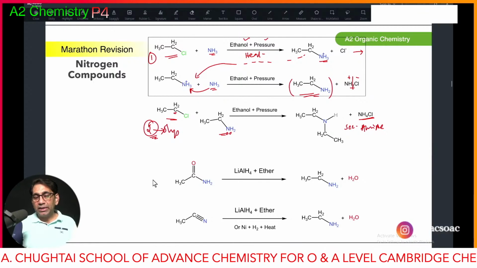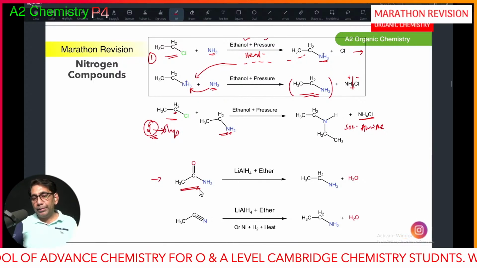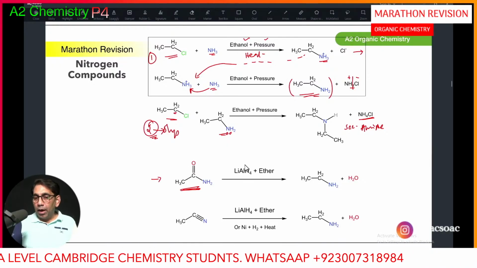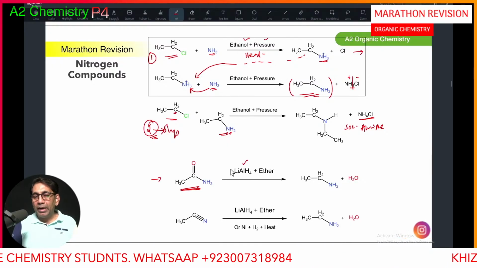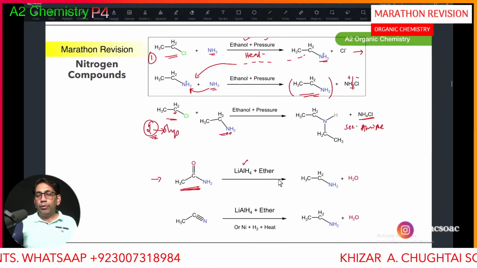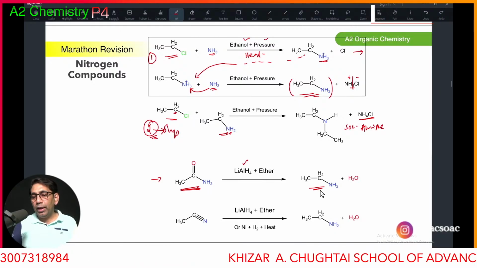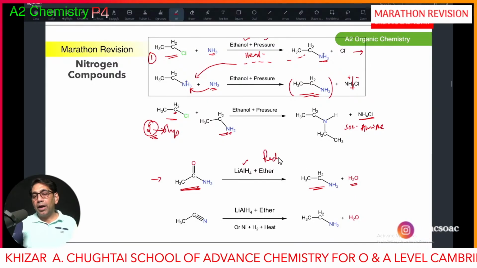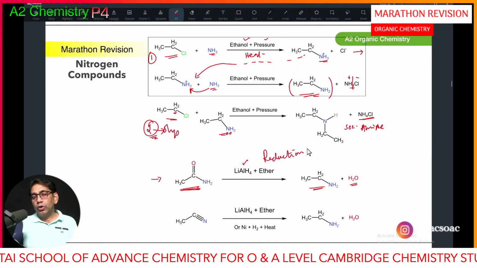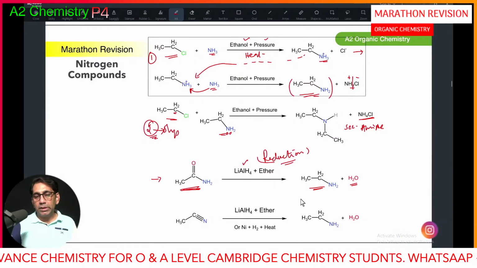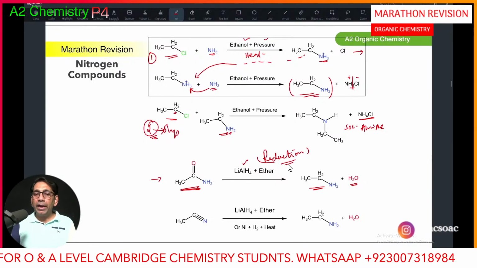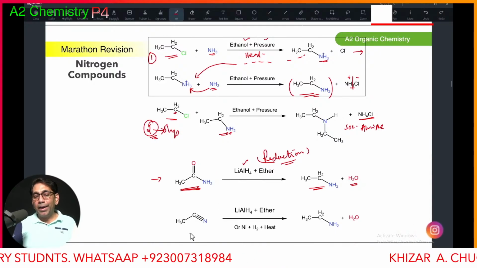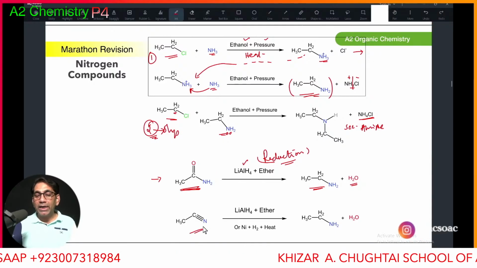Next thing is you can synthesize it from amide. Using amide, I'm going to add lithium aluminum hydride plus ether. I'm going to make this one amine and H2O. This is called reduction, and you have been taught this in your AS chemistry. So by reducing amide, and the last one by reducing nitrile.